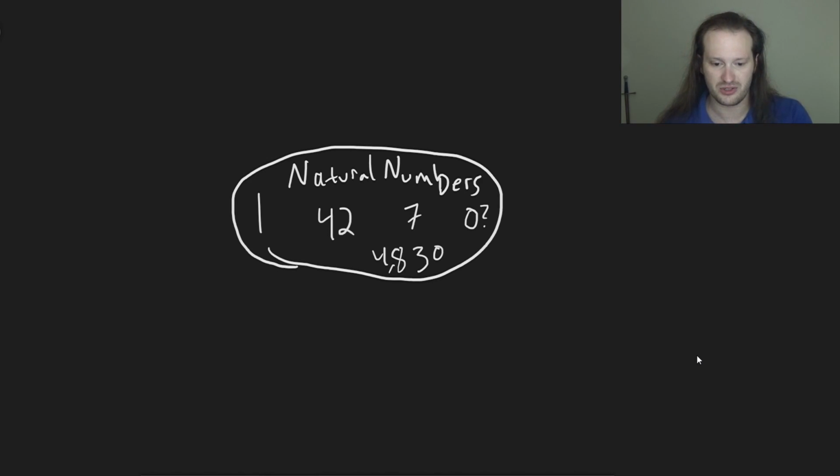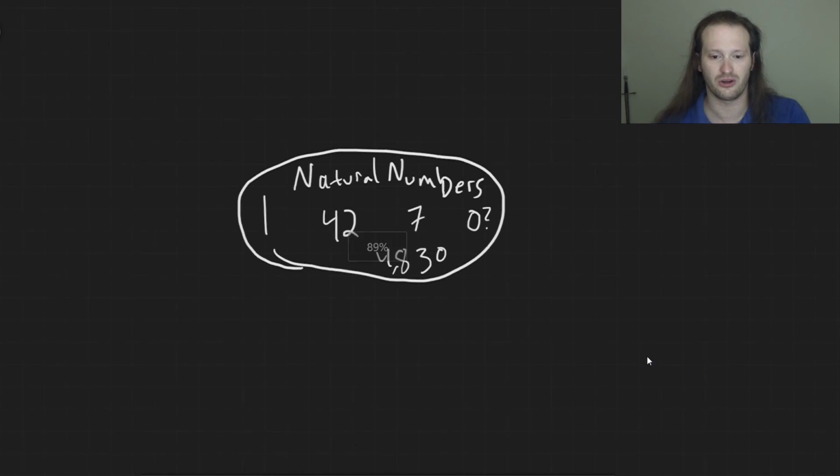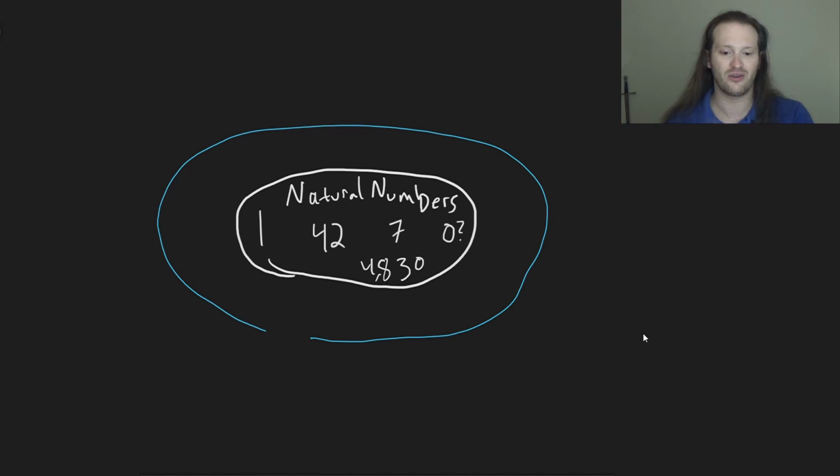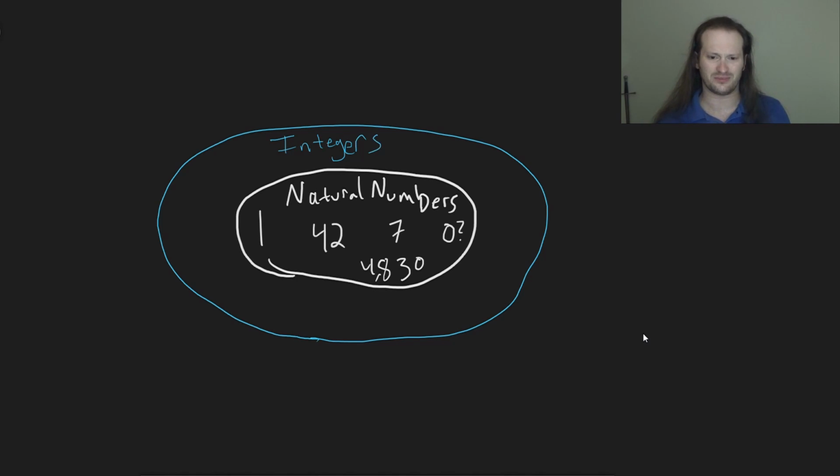Speaking of negative numbers, I'm going to go to this blue color here. And we're going to draw a circle, oval, ellipse type shape around and completely enclosing the natural numbers here. And we have the integers. The reason why we're enclosing the natural numbers is because each natural number is also an integer.